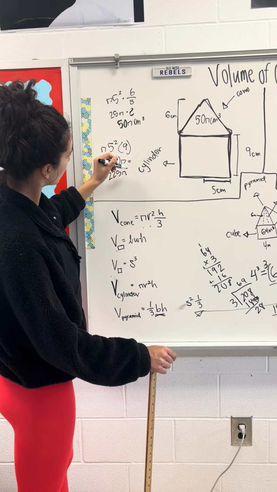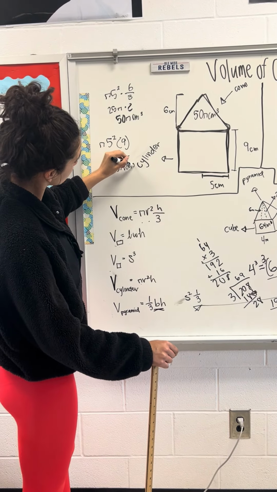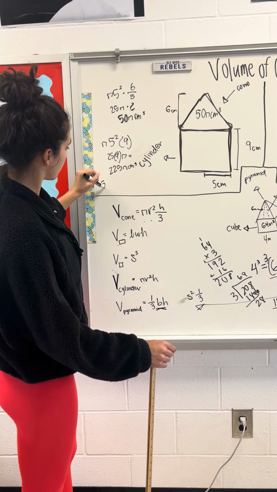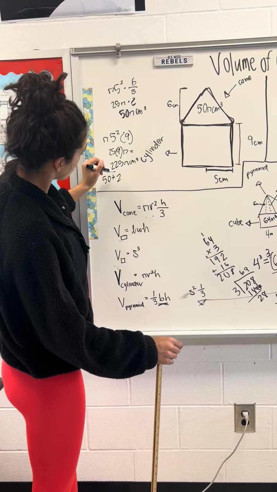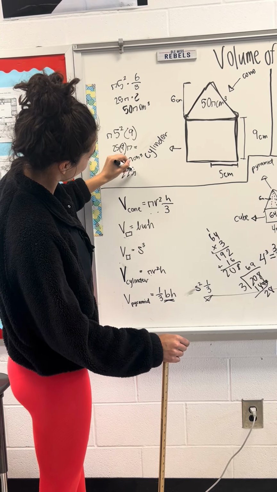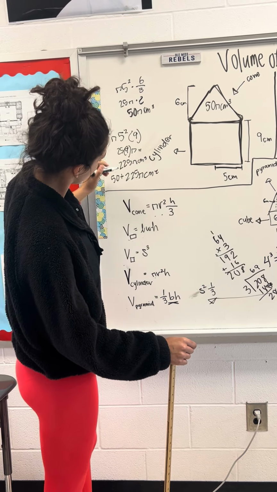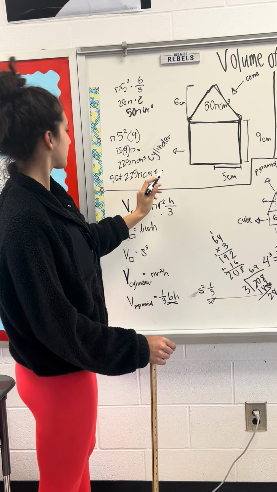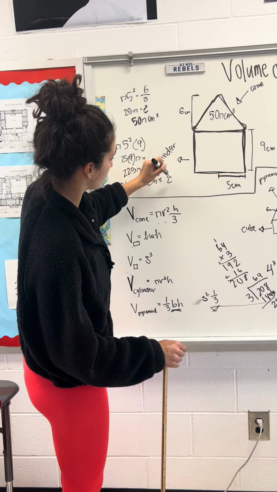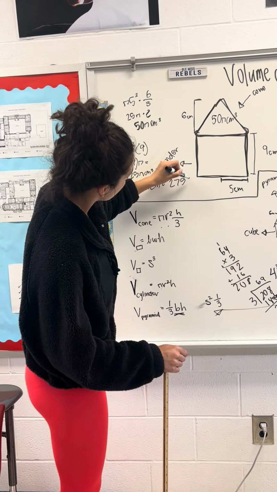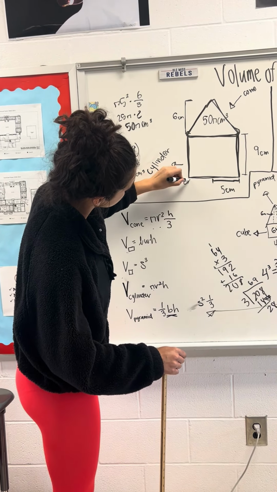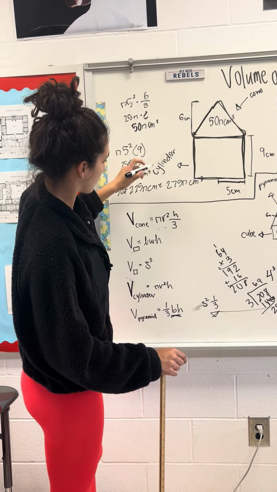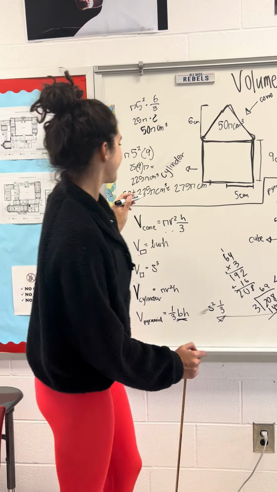So now we add 50 pi plus 225 pi centimeters cubed, and we get 275 pi centimeters cubed. Oh my god, what's wrong with me?